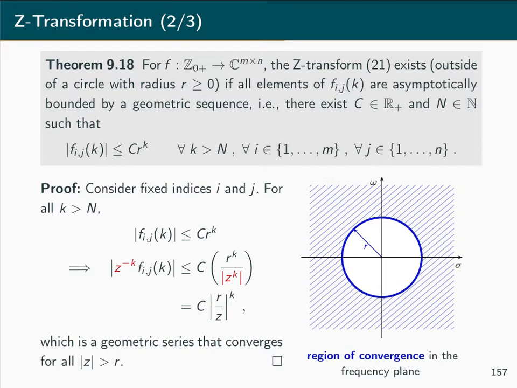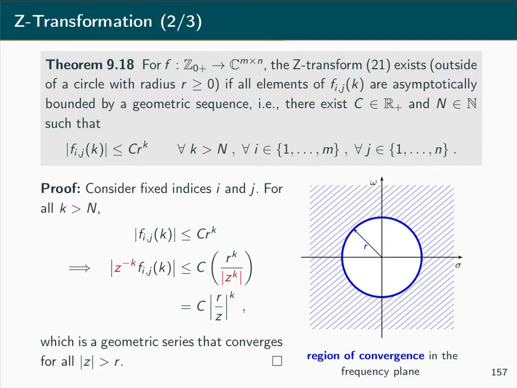Just as for the Laplace transformation, the proof of convergence is actually fairly simple. First, we fix a row index i and a column index j. Then we consider all time indices k which are greater than n, such that f_ij of k in absolute value is bounded by c times r to the k.